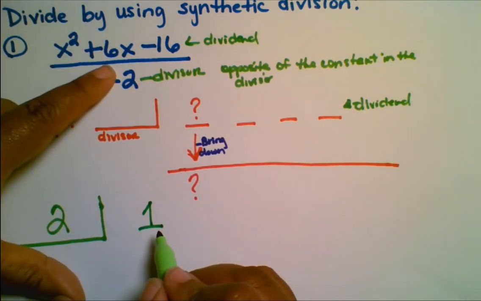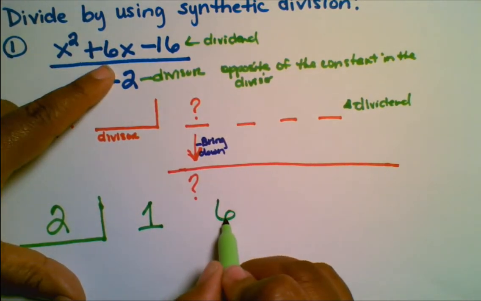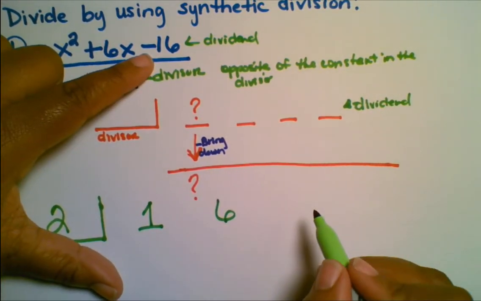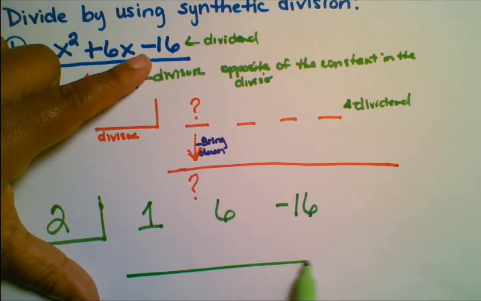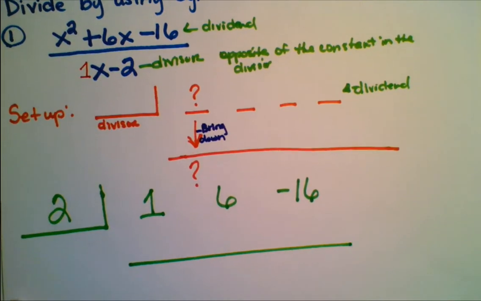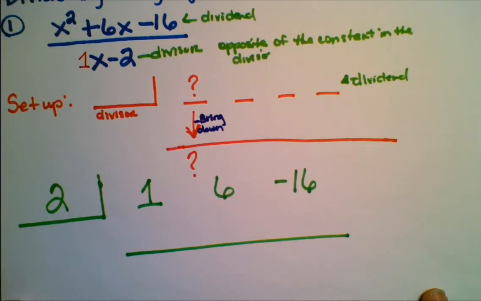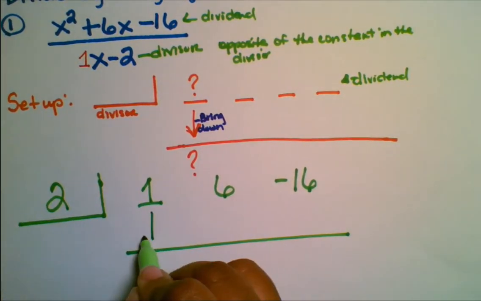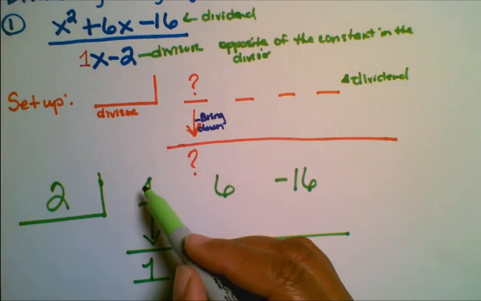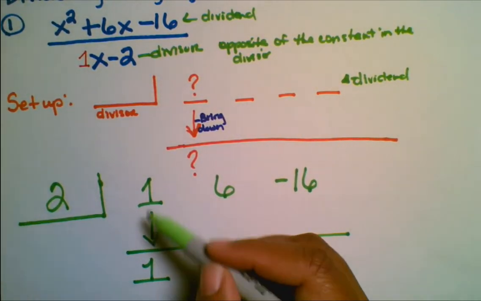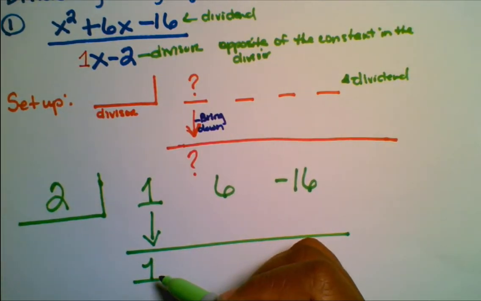The coefficient of 6x is a 6. The coefficient of negative 16 is negative 16. Draw your equals bar. That first column, which is 1, we're going to bring that number down. You always bring the first number down.